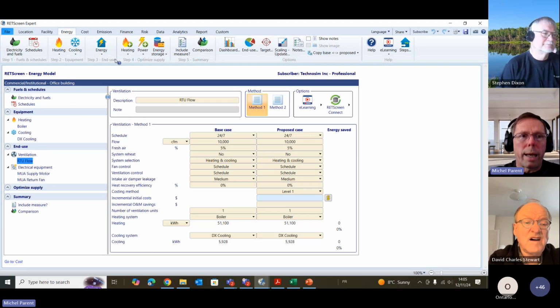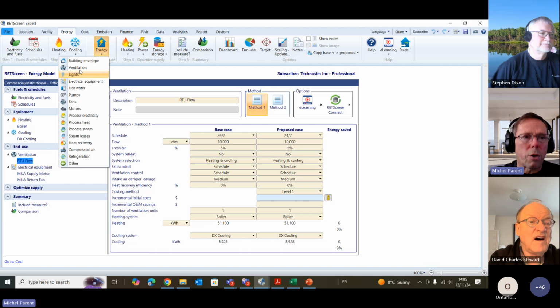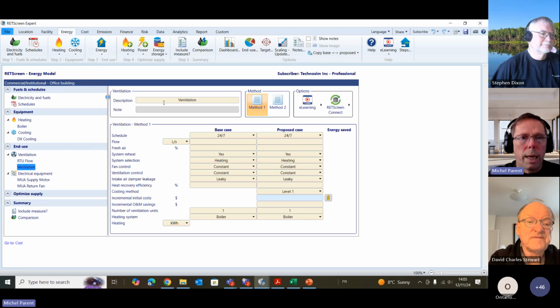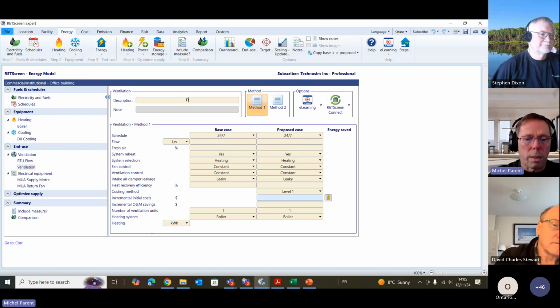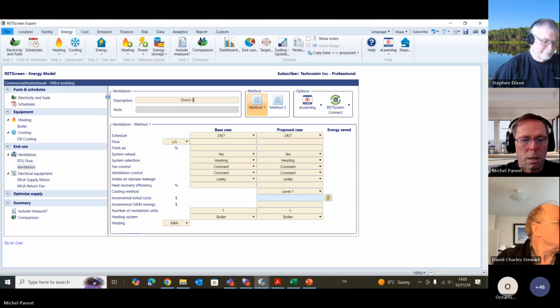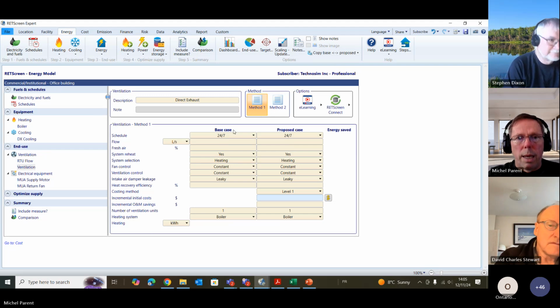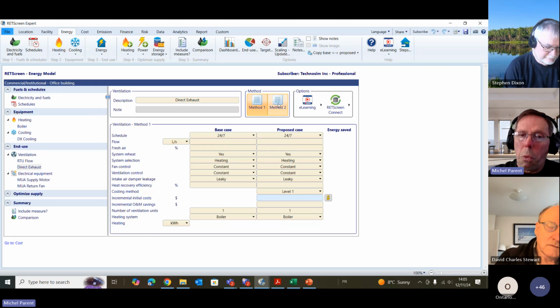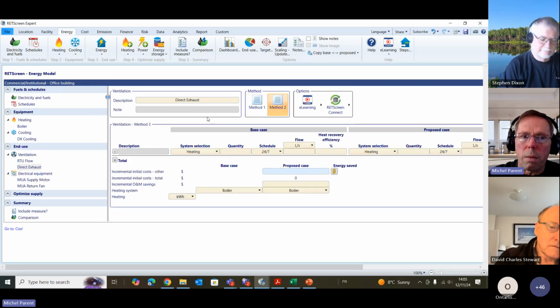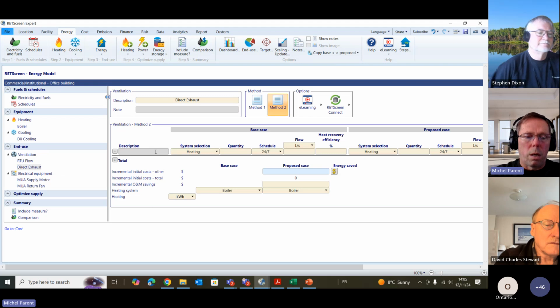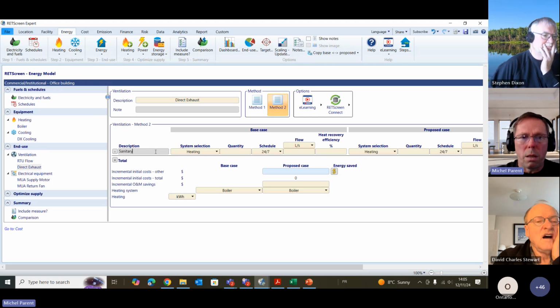So I'm going to add another ventilation, and this one will be my direct exhaust. Direct exhaust, we don't use method 1. I mean, you could if you wanted to, but there's no need for it. So I'm going to go here, method 2, and I could call it sanitary.